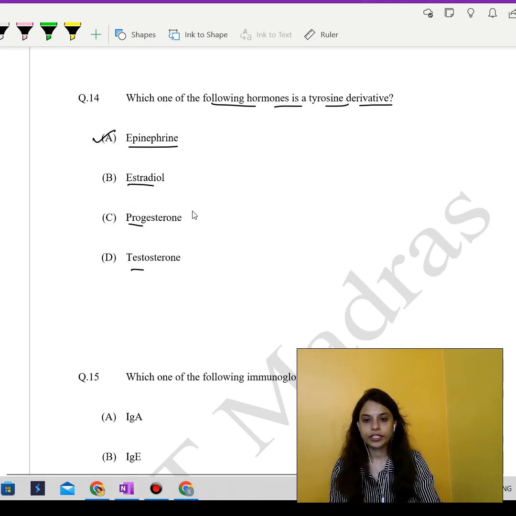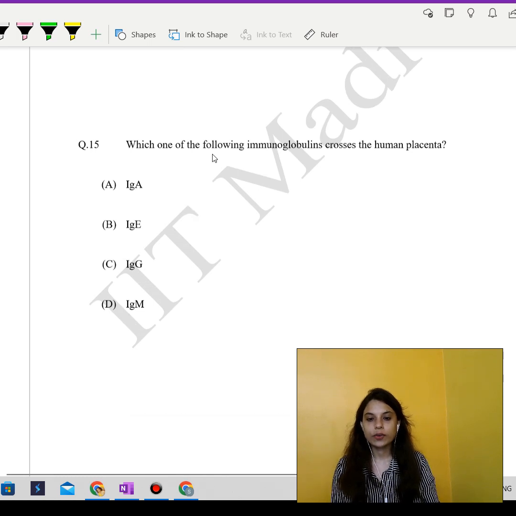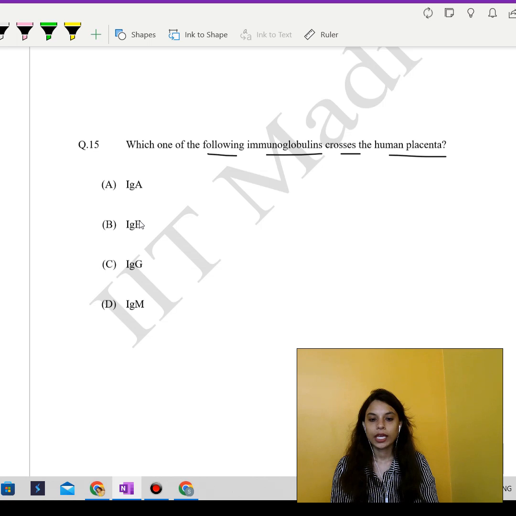Let's move over to the next question. It says, which one of the following immunoglobulins crosses the human placenta? It would be option C, because it possesses a small size and specific structure, Y-shaped, that allows it to bind to the Fc receptors on the placental surface.